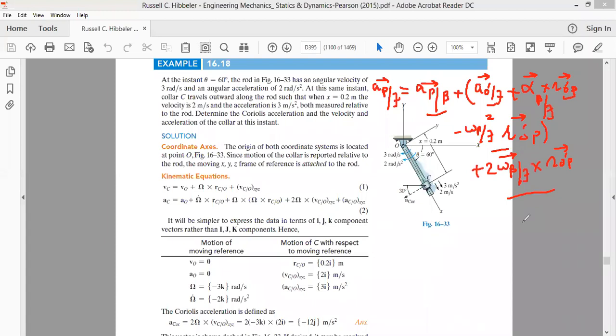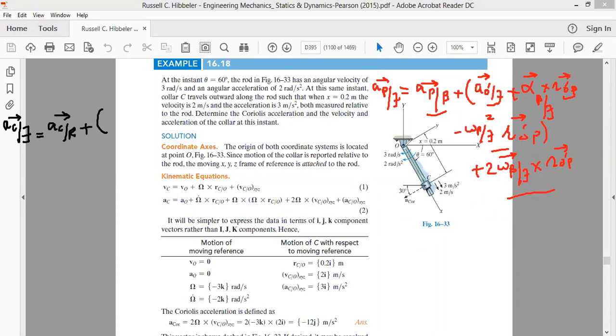We'll be explaining the meaning of each and every term in three-dimensional kinetics. Now let's apply this here. P is our collar, so we write acceleration of collar with respect to ground, this is a vector equation, is equal to acceleration of P with respect to beta, that is acceleration of collar with respect to rod, plus acceleration of O dash with respect to ground.